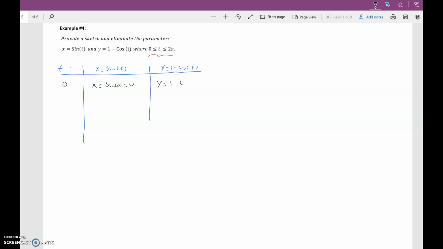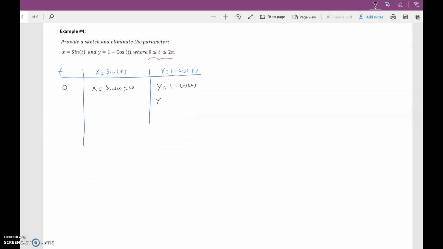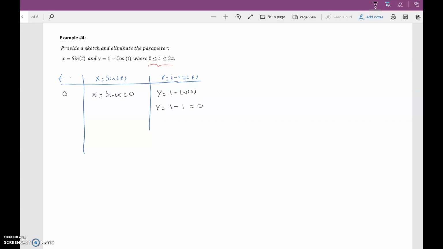Your y value is 1 minus cosine of 0. So cosine of 0 is 1. So you're going to end up with y is equal to 1 minus 1, or 0. So we're going to have one value at the origin.